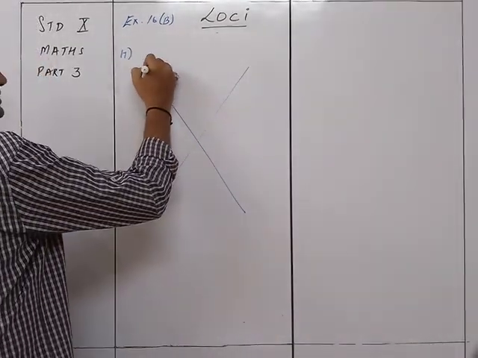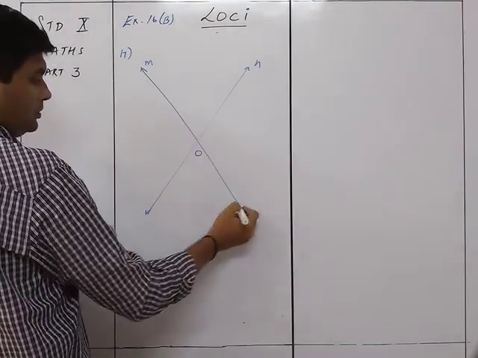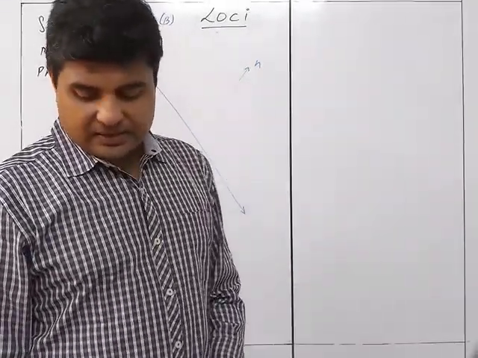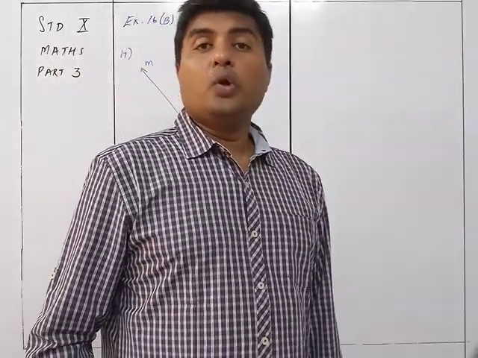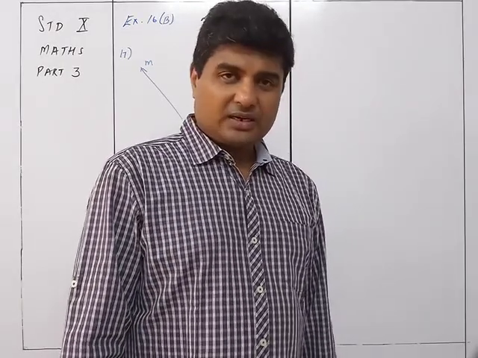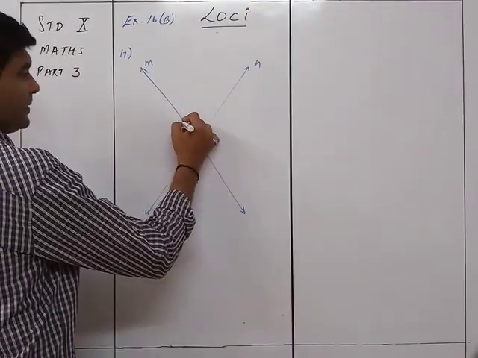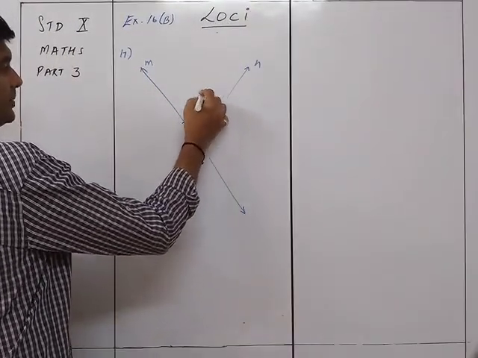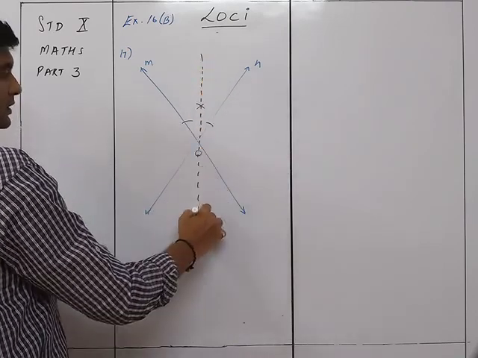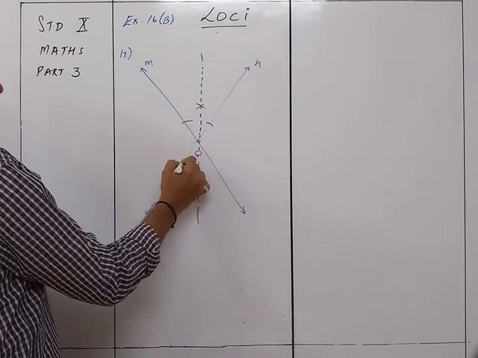You got that this is M, this is N, this is O. Now firstly I know that two intersecting lines, if it is there, then definitely the locus of the given lines will be the perpendicular bisector, angle bisector of the given lines. So accordingly I'll be having the first one, angle bisector over here. So this angle bisector will give you the first line. Of course it should be passing through this point. And accordingly you can also draw for this one.